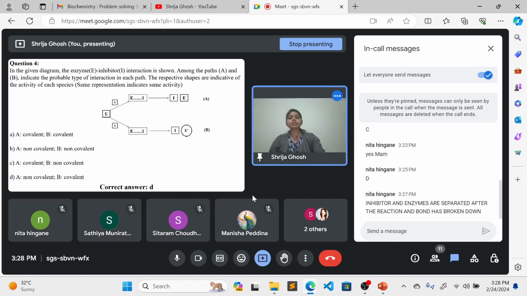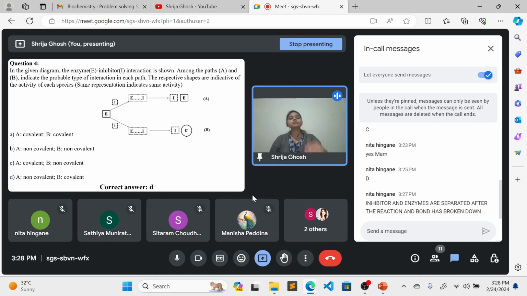So the second case could be called an irreversible inhibitor. In the first case, once the inhibitor is released, the enzyme is retaining its activity. So that is reversible. When the inhibitor is bound, the enzyme is inhibited.